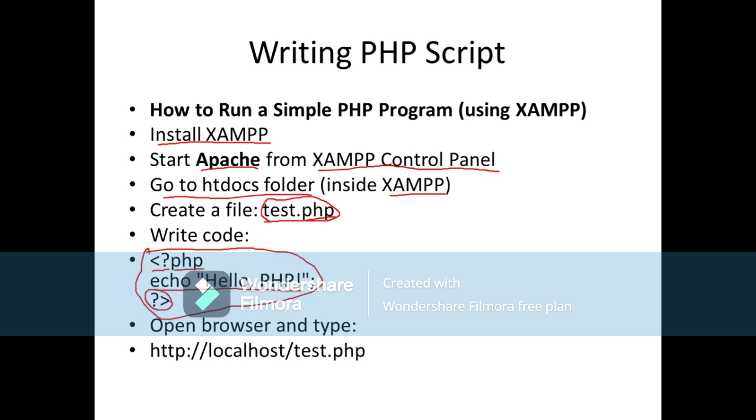If we want to execute this PHP script, we have to open any browser and type http://localhost, as our own PC is going to act like a server, followed by a slash and the name of our PHP file.